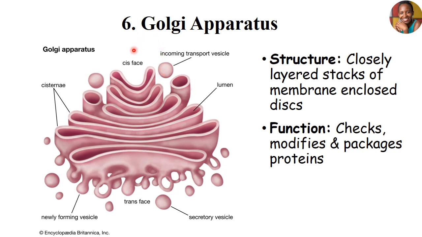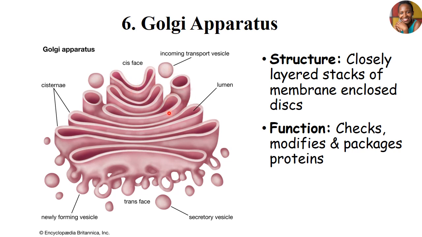When the materials come to the cis face, they will be coming in using the incoming transport vesicles. These vesicles will come, attach to the cis face of the Golgi apparatus, and empty the content there.